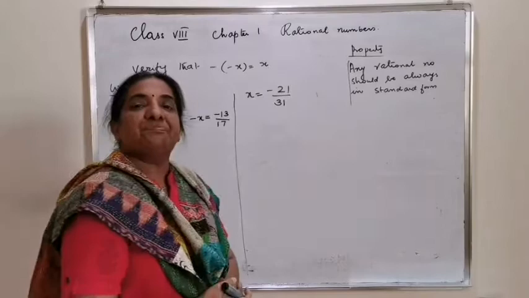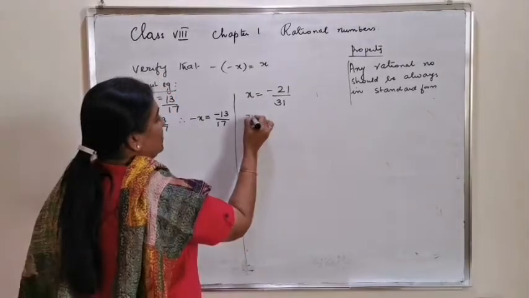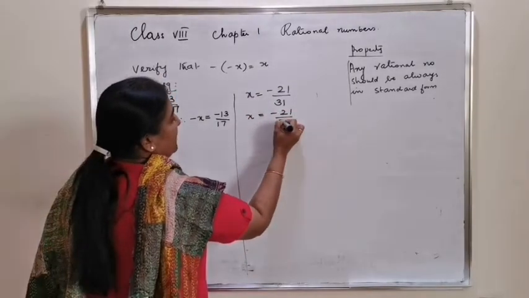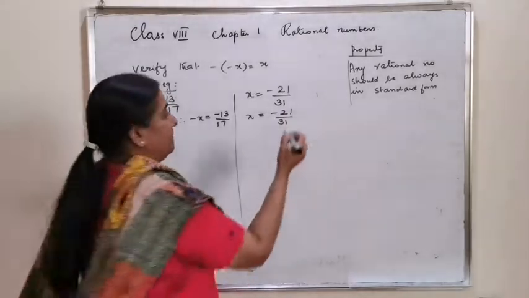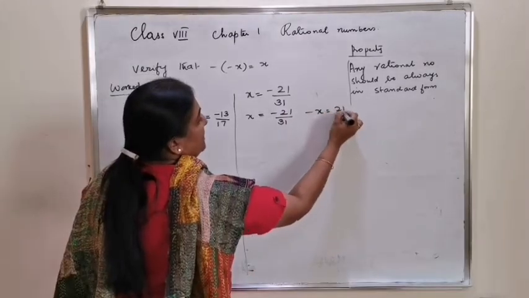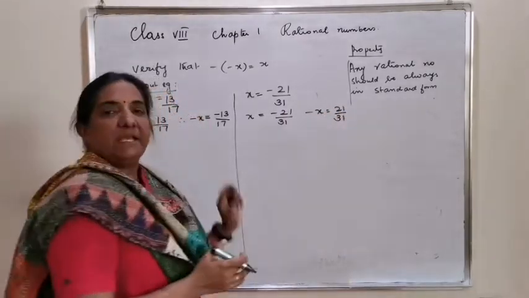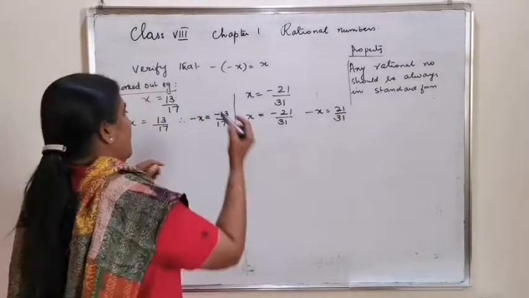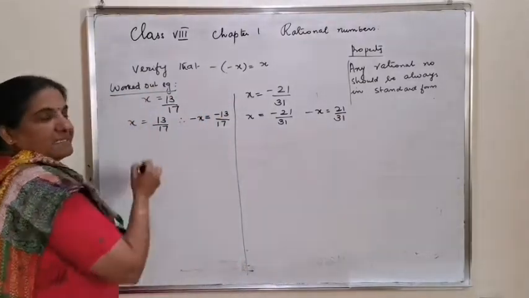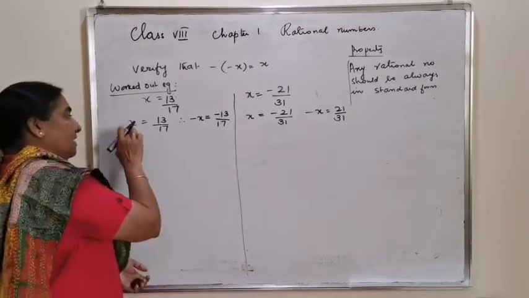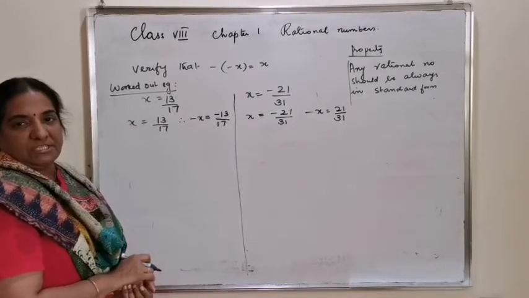Just change the sign. Similarly, if x is given as minus 21 by 31, minus x is positive 21 by 31. Why do we write minus x? That is the inverse of the positive x.